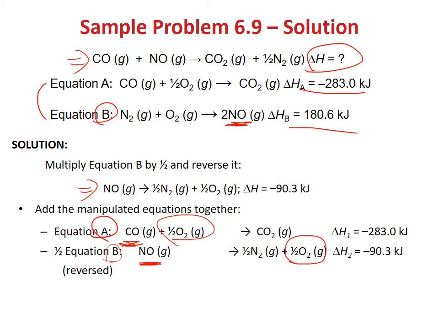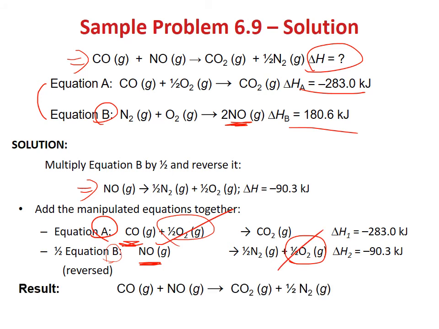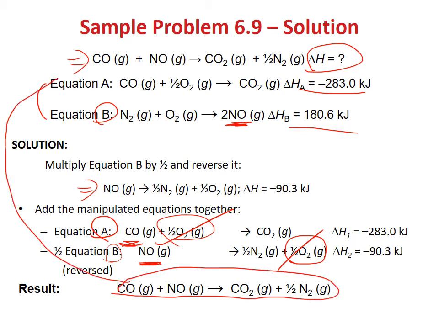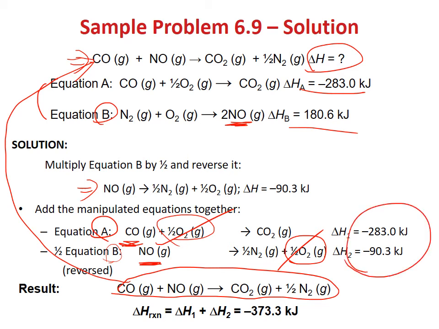They are the same species on opposite sides, so they should cancel. By doing that, we get an overall reaction that is exactly the same as the one we want to find. They start with the same reactants and end up with the same product, and therefore the delta H for this one should equal the sum of the individual enthalpies according to Hess's law.